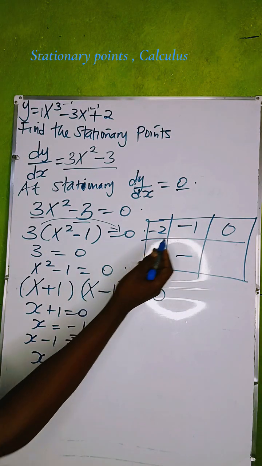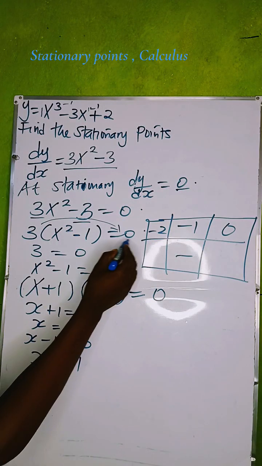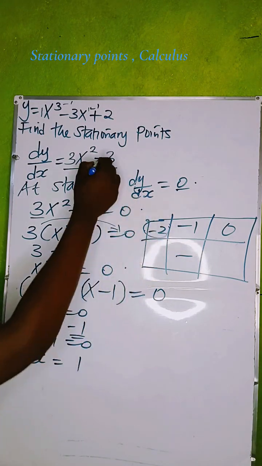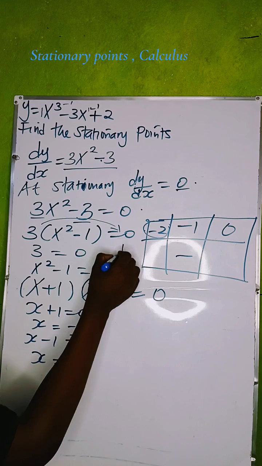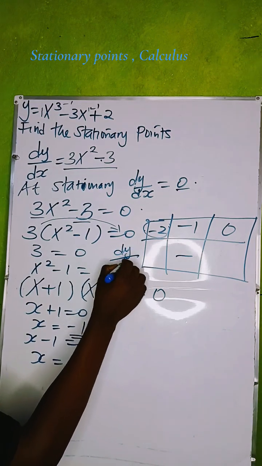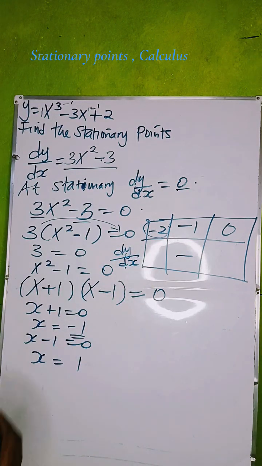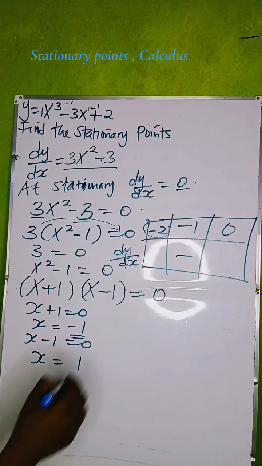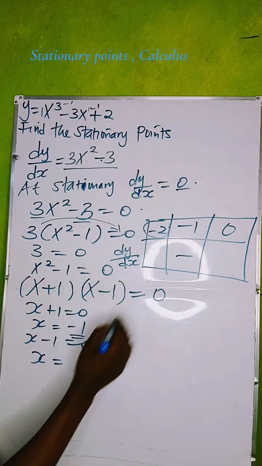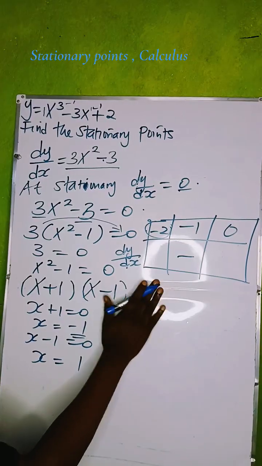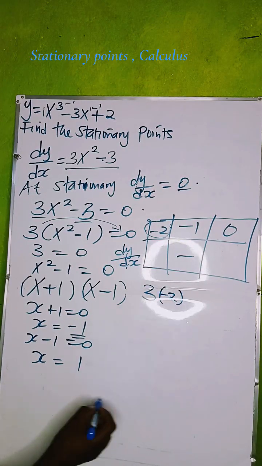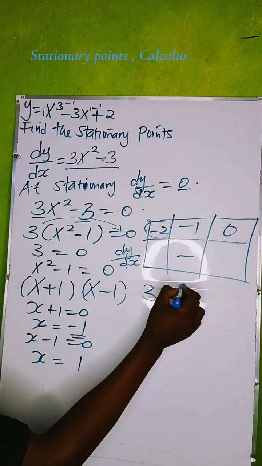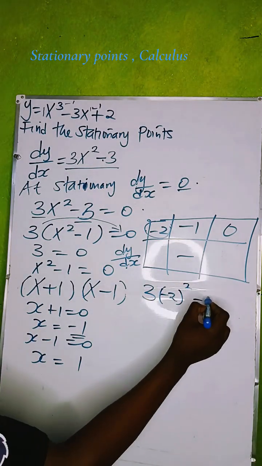When x is negative 2, we are going to replace negative 2 in our dy dx and get the value of dy dx. So this is the value of dy over dx when x is negative 2. So we shall have 3 times negative 2 squared minus 3.